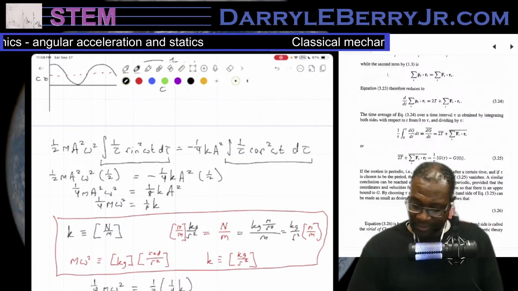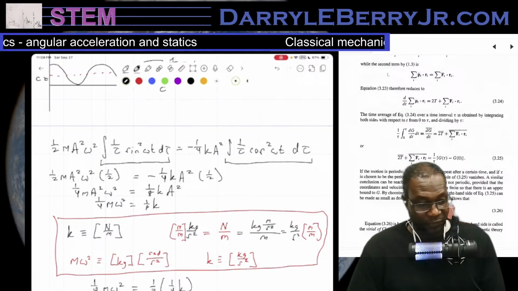So unit-wise, we can see that the Virial theorem is working out.